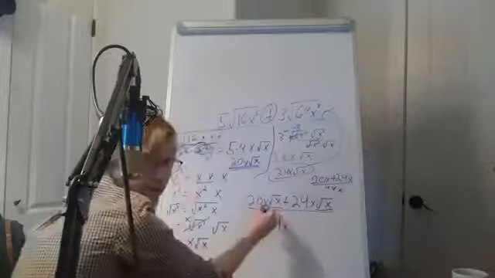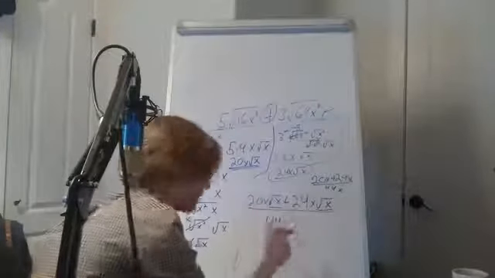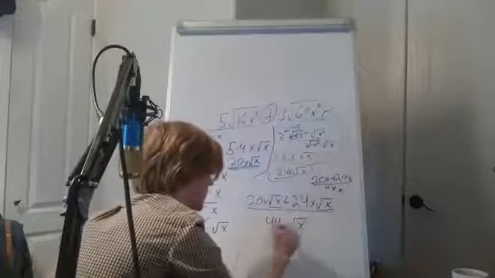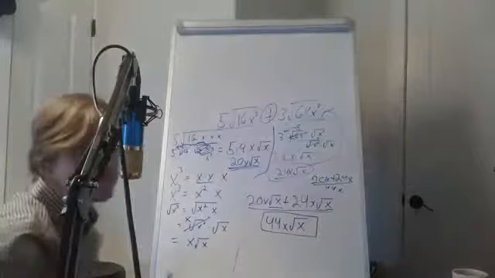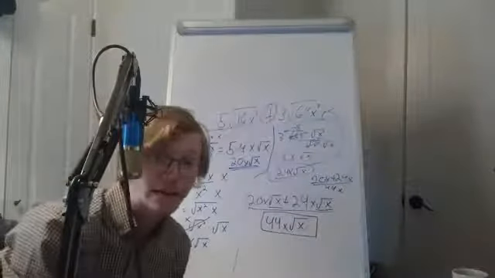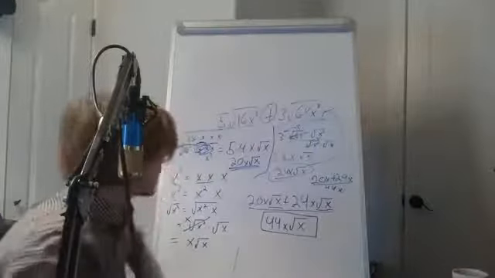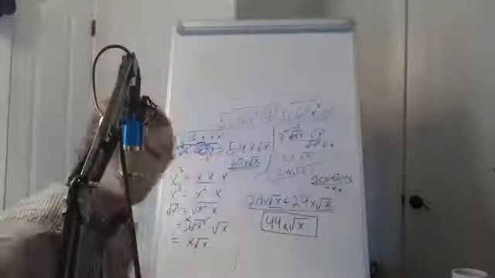The square root of x and the square root of x are like terms. They just stay constant. So 44x times the square root of x. And ladies and gentlemen, that is your final simplified answer to this problem that we started way up there.